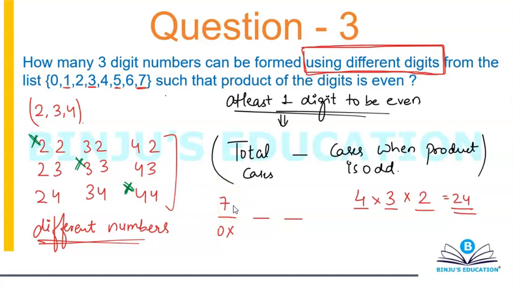Now 0 can come at the second place, and the number used at the first place cannot come, which means again 7 positions. And for the last one, I'm going to have 6 positions. So this becomes 49 into 6, which will give you 294.